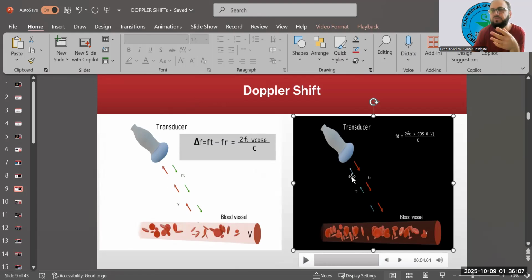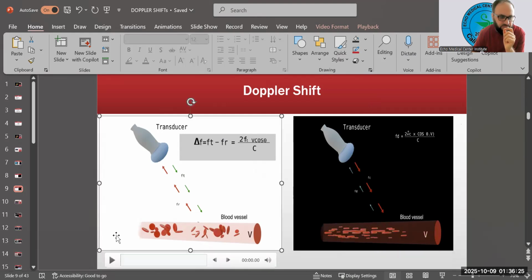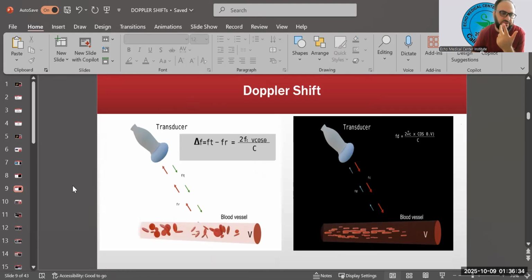This is just to make this phenomenon clear. If you look at these arrows, they are a little bigger, thicker. And then if you look at the blue ones, they are a little bit thinner, smaller, correct? And look at the flow. The flow is going away. You see that? And here in this example, you see the flow is coming towards, so you get these arrows a little thicker than the green ones.